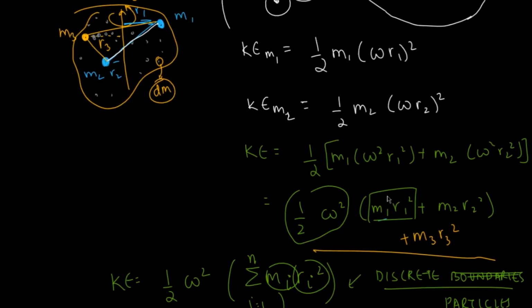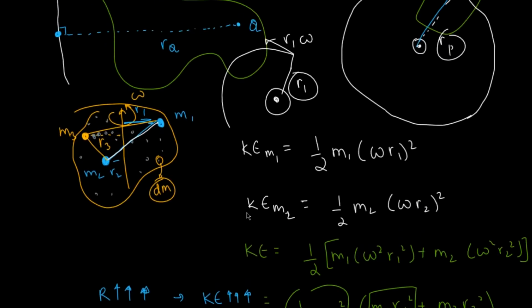If one of these r's would have been bigger, then the kinetic energy at an angular velocity omega would have been bigger than it would have been for a lower value. And similarly, if you had a bigger mass, then you would again have a bigger kinetic energy.